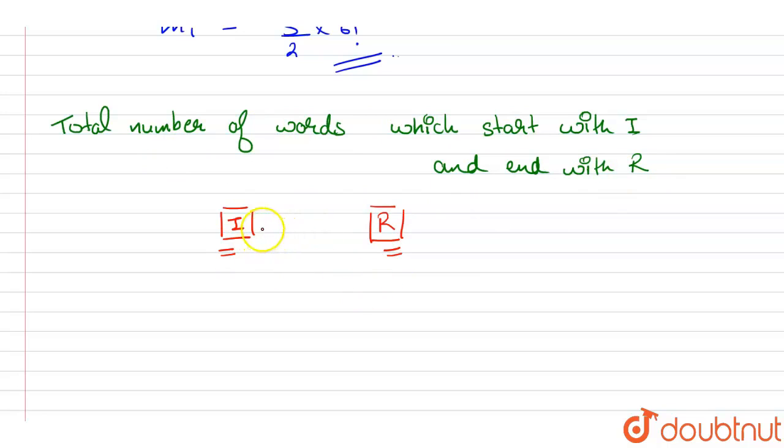So we are left with the letters N, T, E, G and E. We are left with 5 letters which can be arranged.